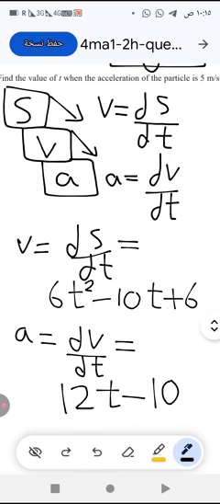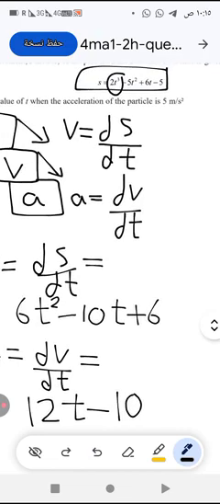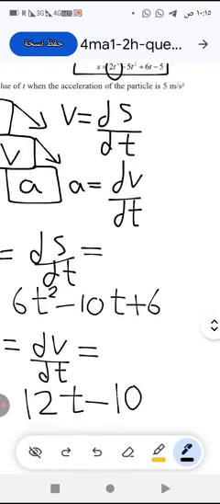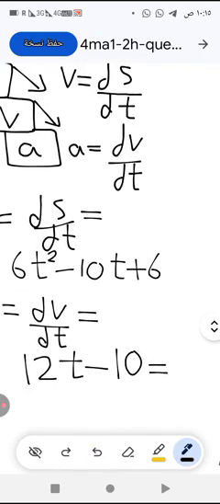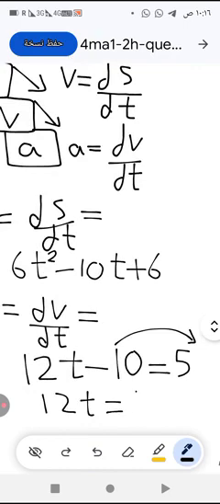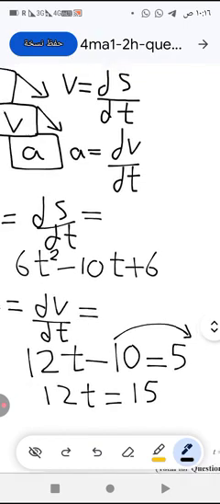This is the acceleration. The acceleration is given in this exam. The acceleration is 5. Find the value of t. This is 5. Transfer 10 to the other side. We get 12t equals 5 plus 10. 5 plus 10 equals 15.